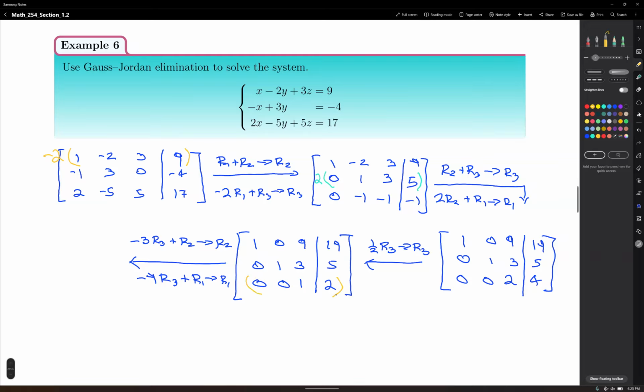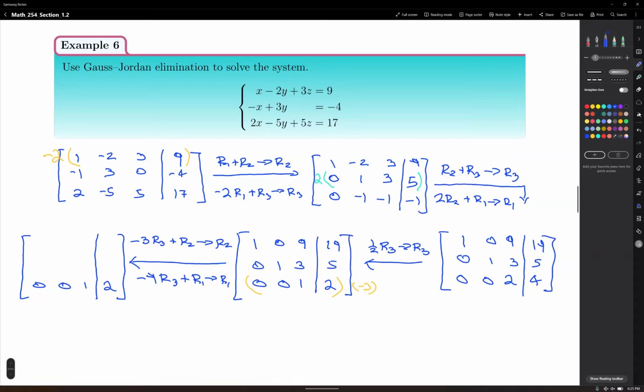Let me do different colors. Let me first multiply by -3. First of all, let me write down the matrix. The third row remains the same in this case.